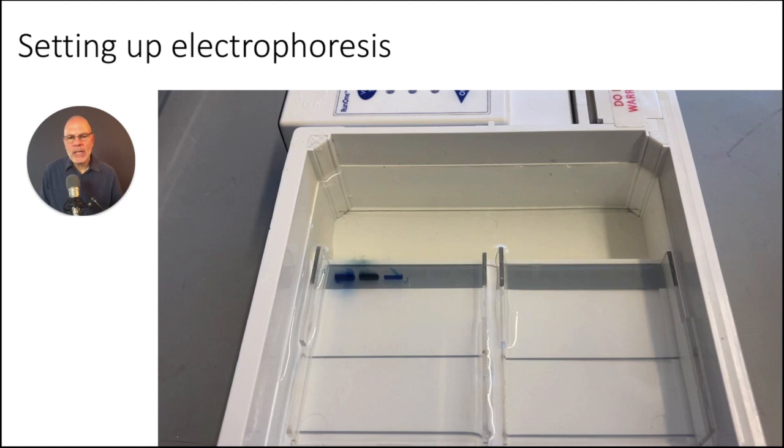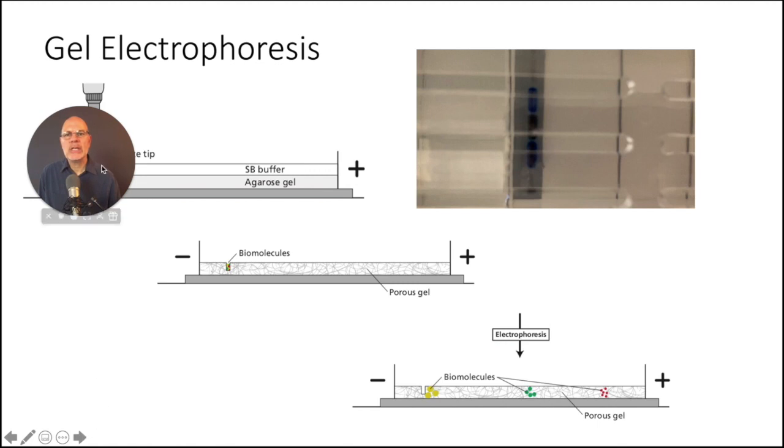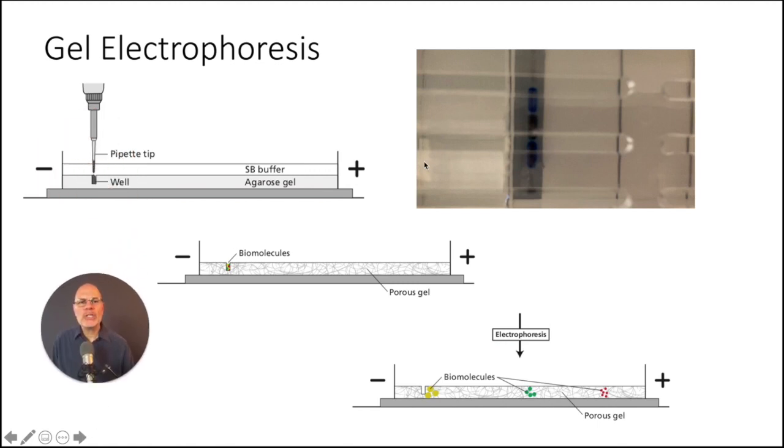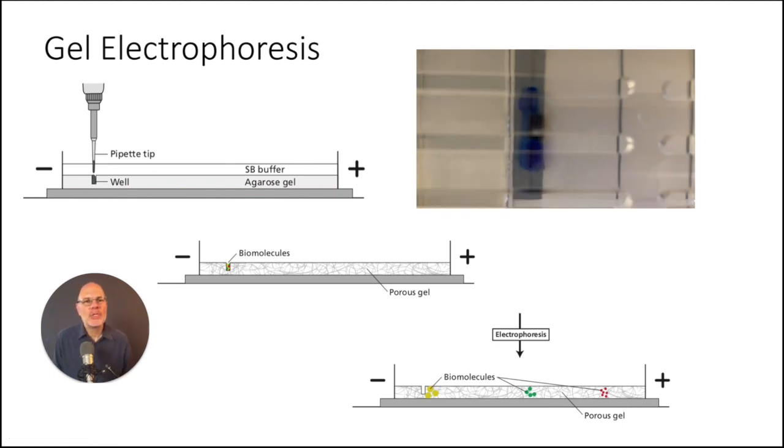So what Colleen is now going to do is turn the machine on, and let's see that happen here. Once it's on, remember there's a negative electrode over here, there's a positive electrode here, and let's watch. This is time-lapse photography.